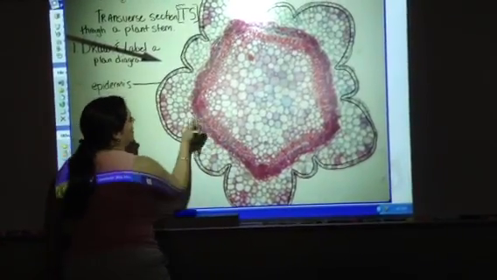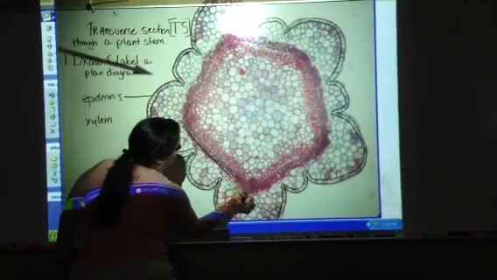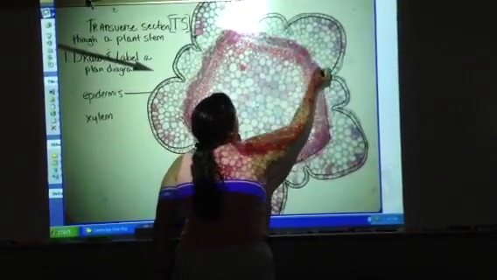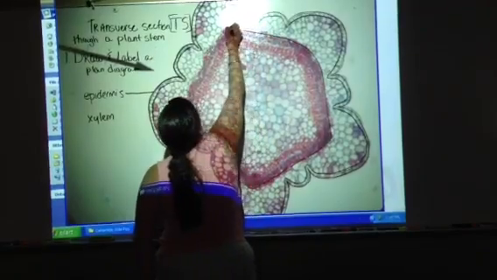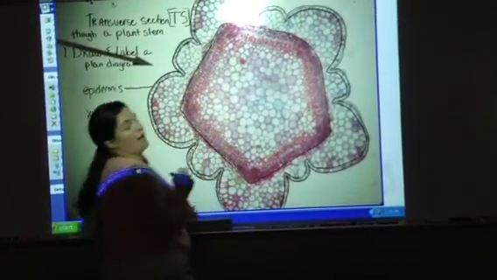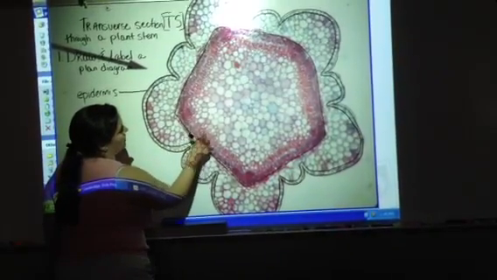Let's try again. Start at your edge and go all the way around. Get your tissue. Keep that line going as smooth as possible. Make sure your end nicely overlaps. You can see that there's two distinct layers of tissue in here.